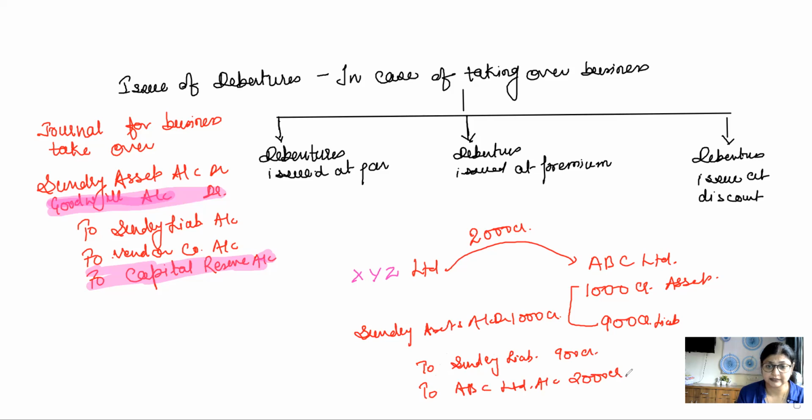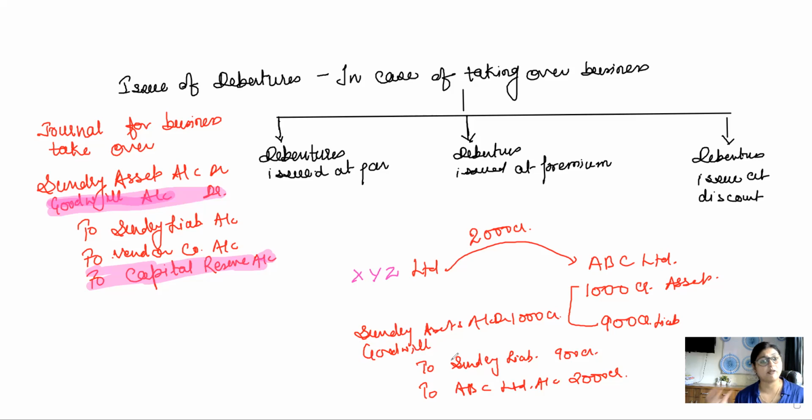Now we see that our account is not tallying, means debit side and credit side are not tallying. We are paying more. And why do we pay more? Because we are not only buying the assets of the company in tangible form, we are even buying goodwill of the company. So whatever is the balancing figure is considered as goodwill. Reason being, we assume that whatever extra money we are paying, it's because of the goodwill of the company.